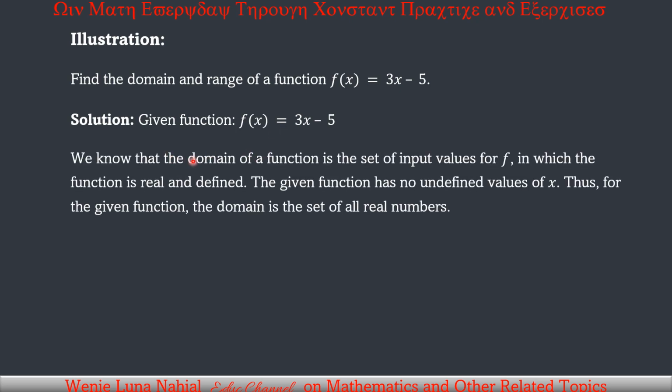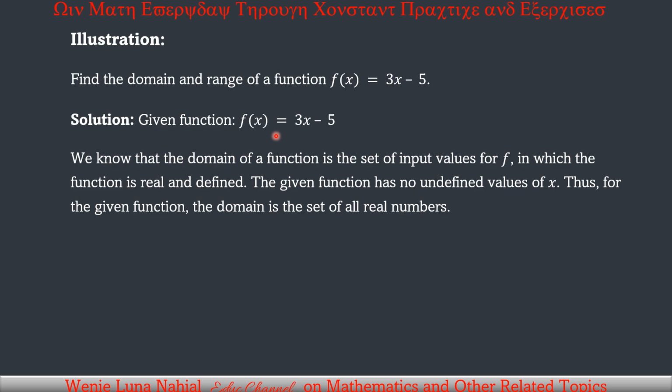Then we know that the domain of a function is the set of input values of f. So in here, in this function f, it's quite clear that you can replace x by any real number, and it gives you a result that is also a real number. So it is defined.